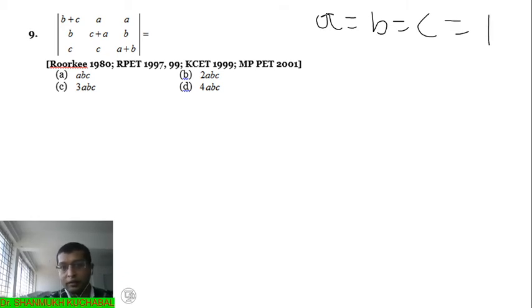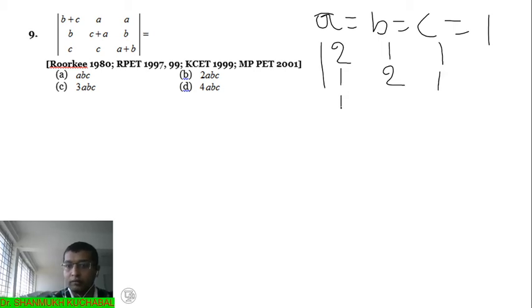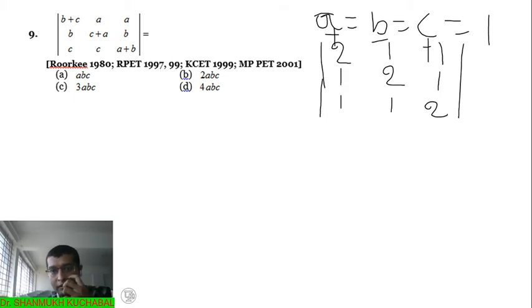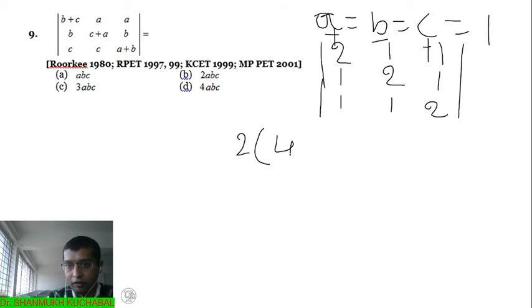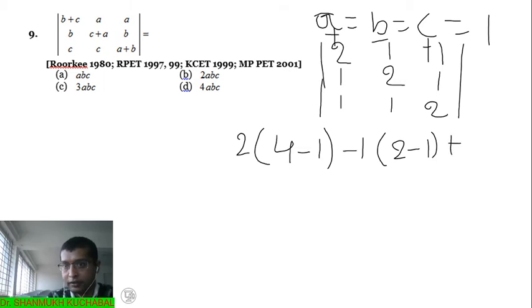So we get 2 1 1, 1 2 1, 1 1 2 it is, right? Then it is a plus minus plus. So expand this, so it is a 2 into 4 minus 1, so minus 1 into 2 minus 1 and plus 1 into 1 minus 2.